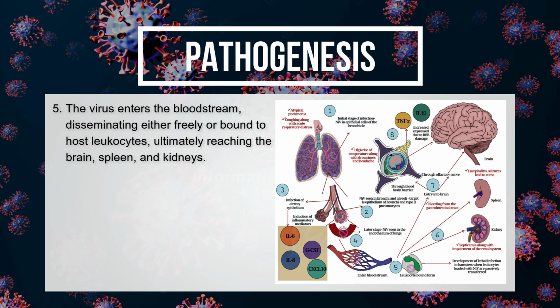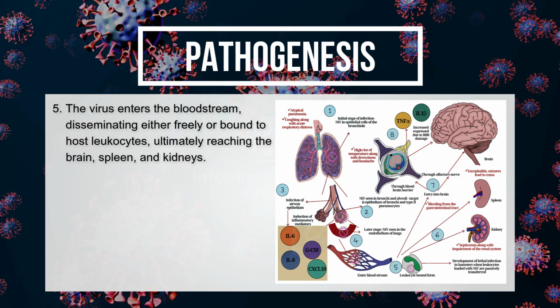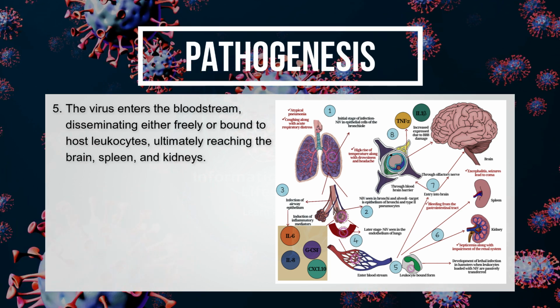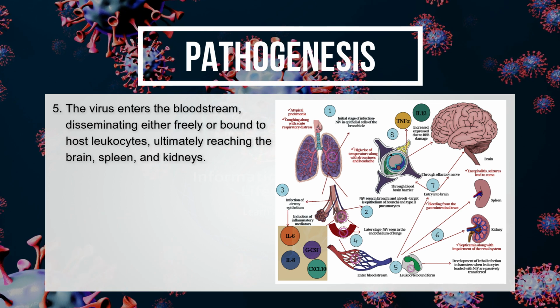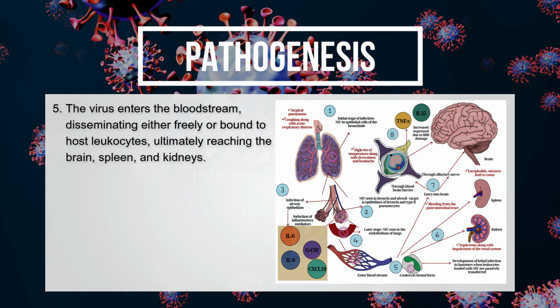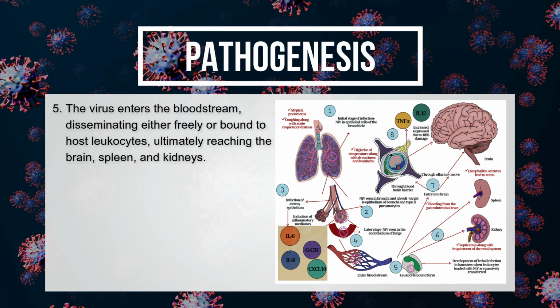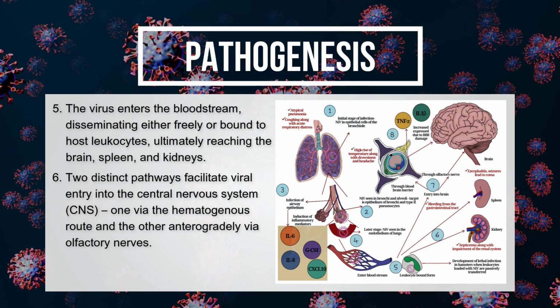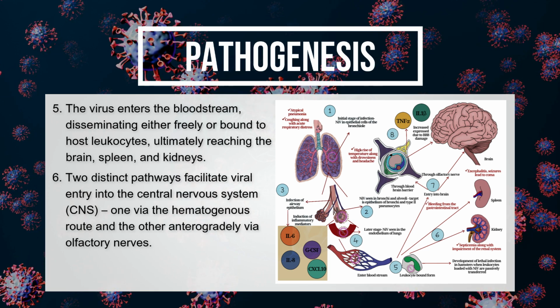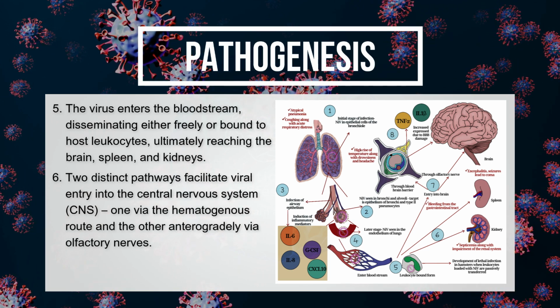Number 5. The virus enters the bloodstream, disseminating either freely or bound to host leukocytes, ultimately reaching the brain, spleen, and kidneys. Two distinct pathways facilitate viral entry into the central nervous system.